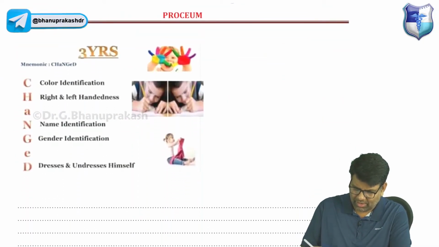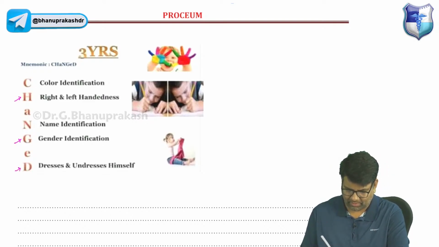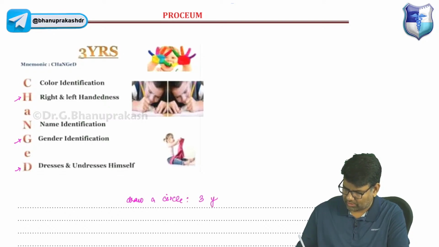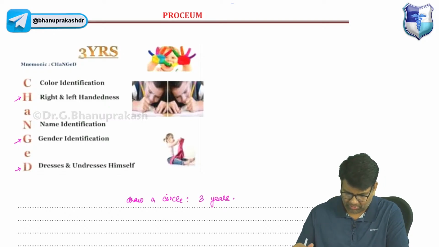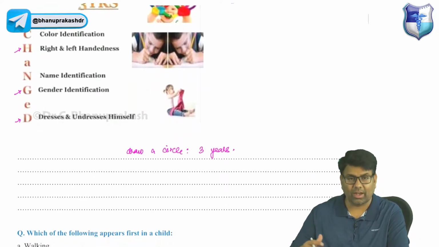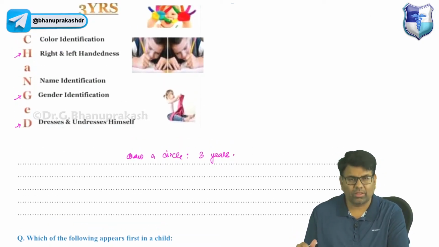Handedness, then gender identification, this is very important. Then dressing and undressing, and apart from that, he can also draw a circle. That is also at 3 years. So these are important: handedness, gender identification, dressing and undressing by himself, and drawing a circle. These are all at 3 years.